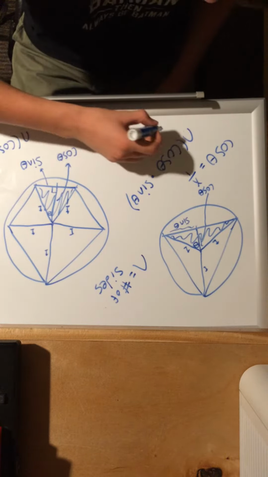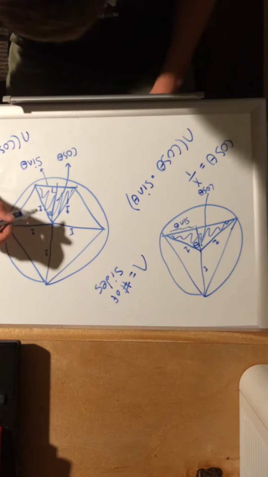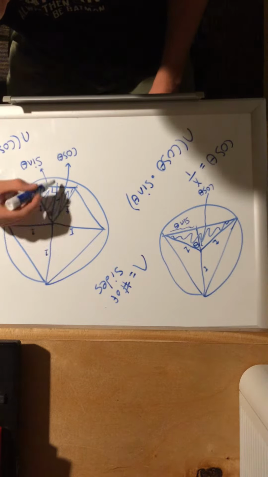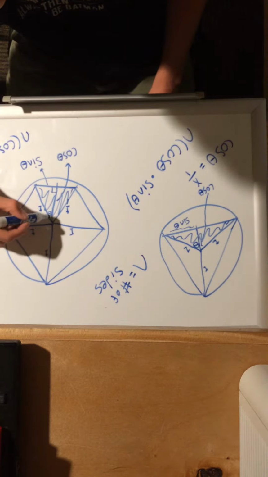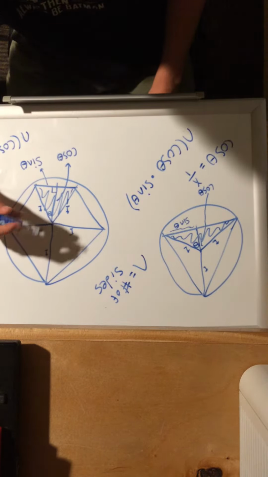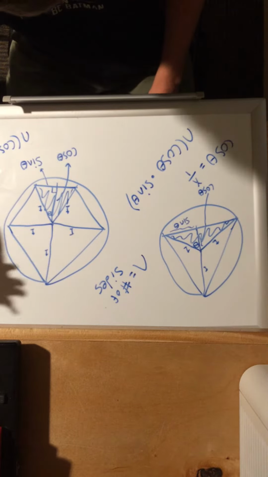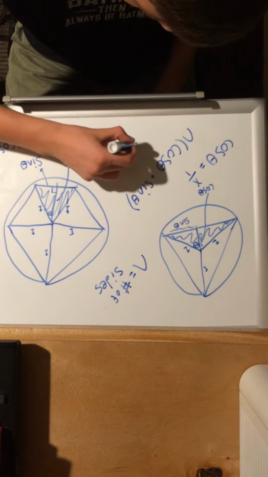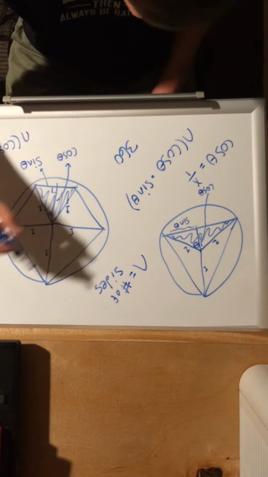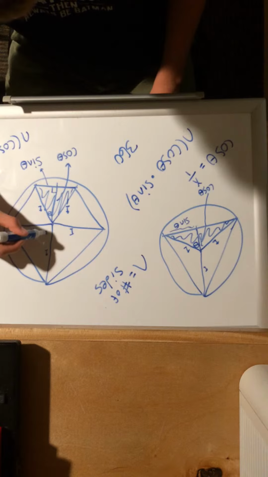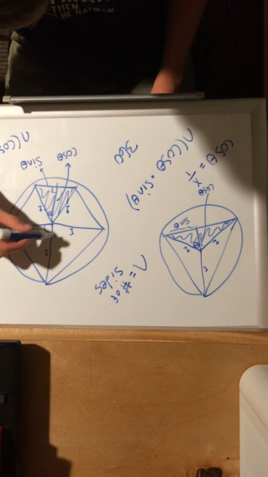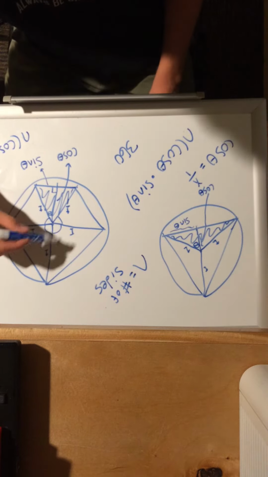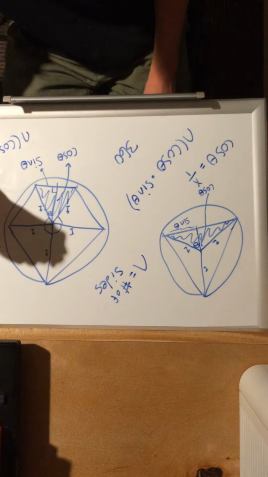Now, to find theta, we found theta to be half of the interior angle of any section of a pentagon, or a polygon. So we can find this by saying that 360 degrees is the sum of all of these interior angles. 360 degrees in a circle.